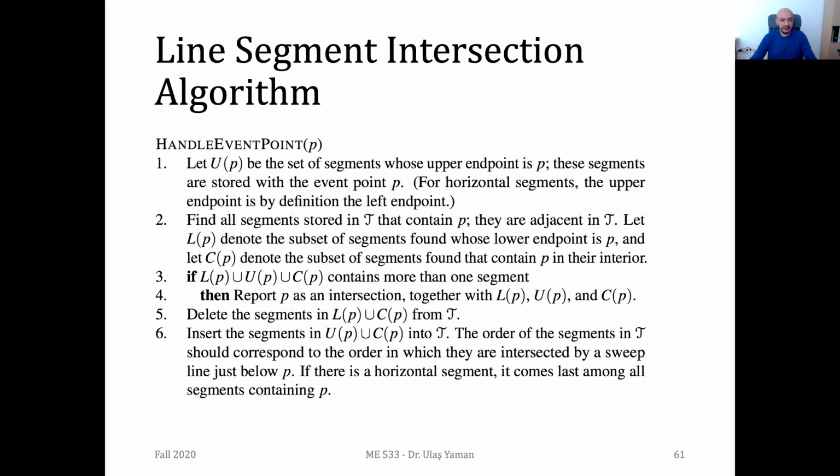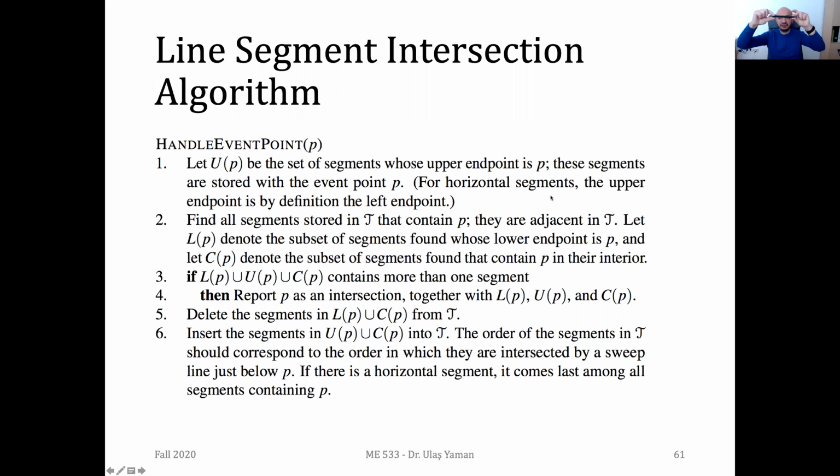So for handling the event, we have such a pseudocode. We have U of P, the set of segments whose upper endpoint is P. And these segments will be stored in the event point P in our Q data structure. And for the horizontal ones, if you remember, this is a degenerate case.